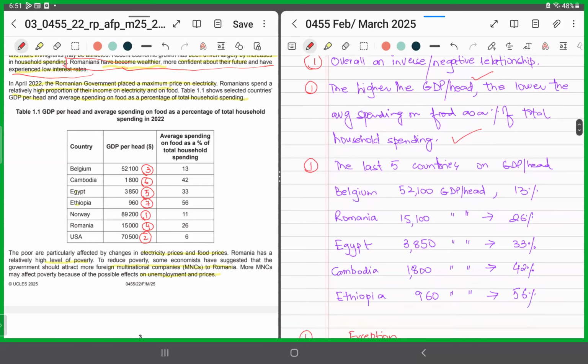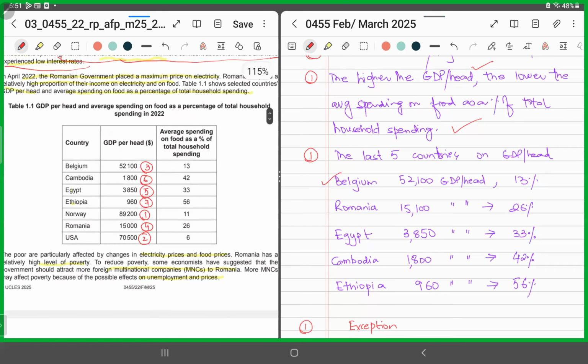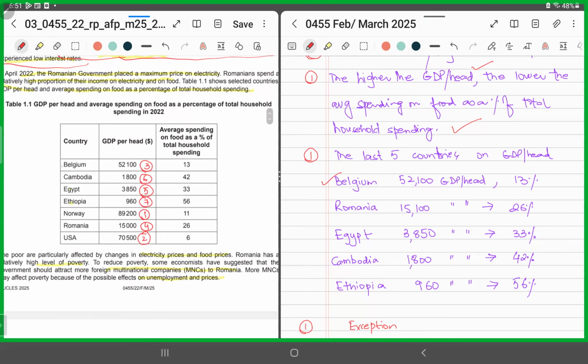If you look at the last 5 countries on GDP per head, now look at the last 5 countries. We start from Belgium. Belgium is earning 52,100. So 52,100 GDP per head. The average spending was 13%.